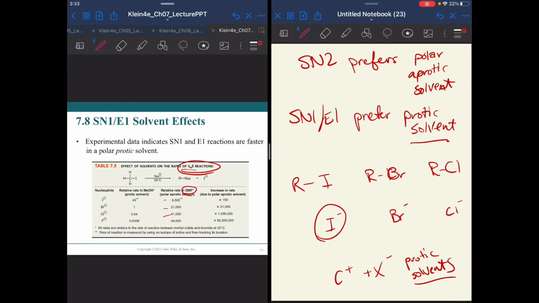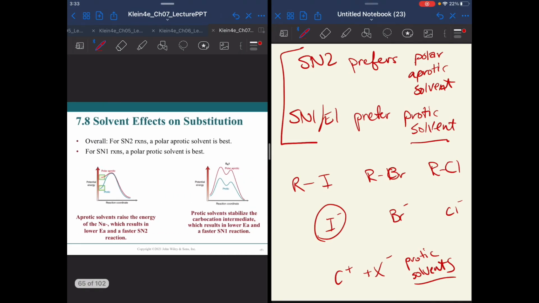The DMF is not going to solvate as well, and so your nucleophile will be able to attack faster. Also, SN2 isn't going to create a carbocation anyway. So these are the notes to take away from this slightly disjointed moment in the section. SN2 prefers polar aprotic. SN1 prefers protic solvents.